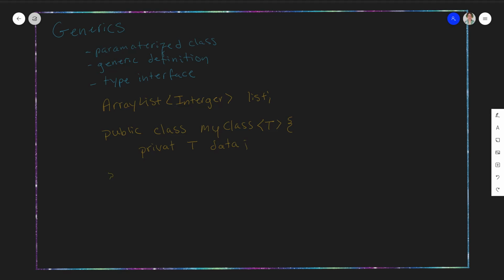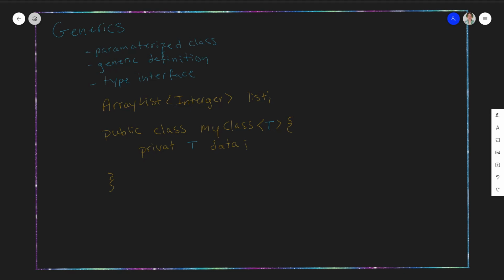All right. And anywhere we reuse this T, so if I'm going to change the color here, we're going to change that to a nice bright blue. And this blue here is going to replace it with the type of data that we put in.